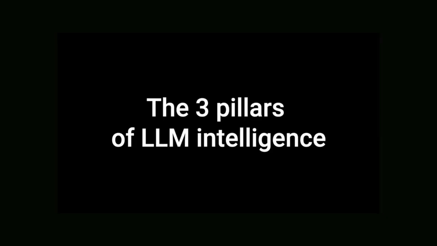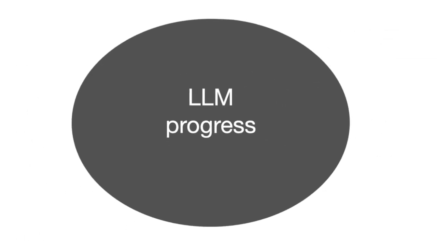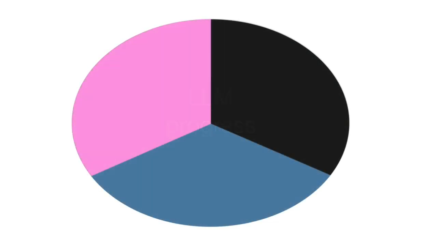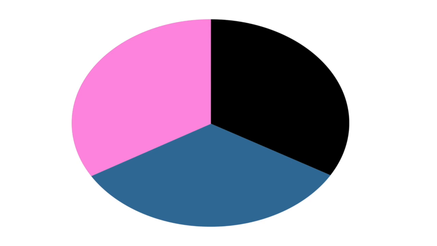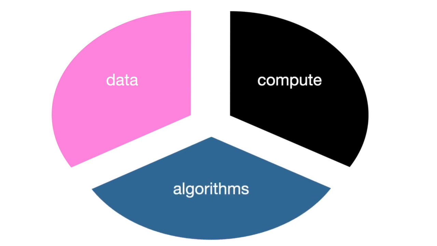Okay, let's get started. The three pillars of LLM intelligence. We are going to start from the most zoom-out view of how LLMs get bigger and smarter, and then go into the details of each aspect. The main three things needed to make LLMs smarter are data, compute, and algorithms.